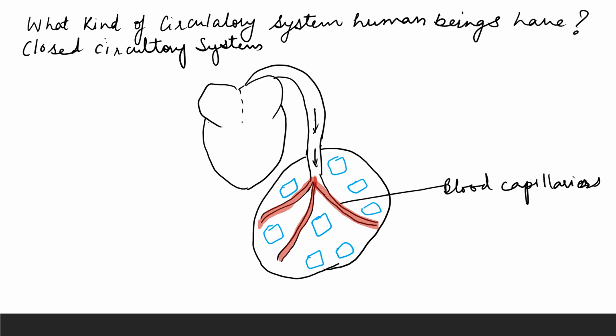But what will happen? From these capillaries, one yellow color fluid is coming out like this. And this yellow color fluid is known as interstitial fluid, or we call it tissue fluid also, right? So from these capillaries, this yellow color fluid is coming out and is known as the interstitial fluid.